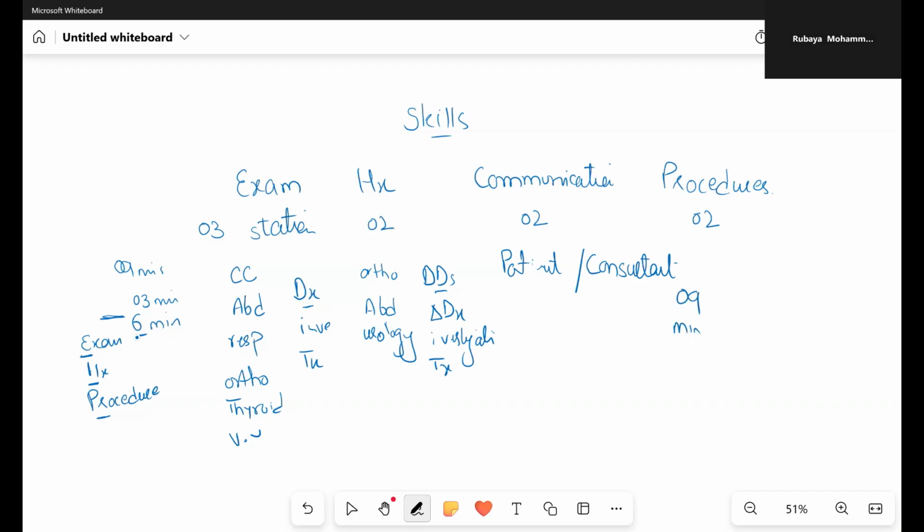The 6 minute bell will ring, but it will not affect your speaking, because for someone else it will be an examination station. So in the communication station, you should not be worried about the 6 minute bell. You will continue speaking with your consultant and the patient's attendant.